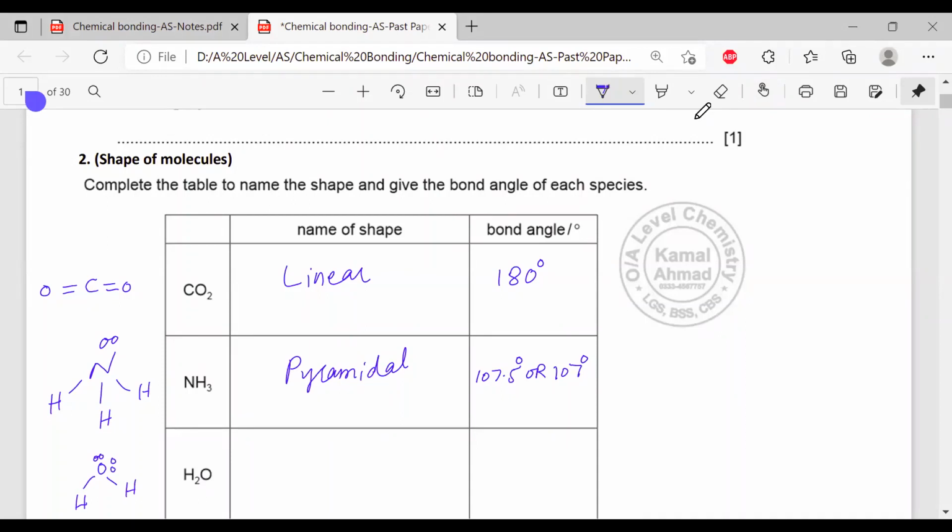Shape name is bent or V shape. Angle is 104.5 degrees or 104 degrees.